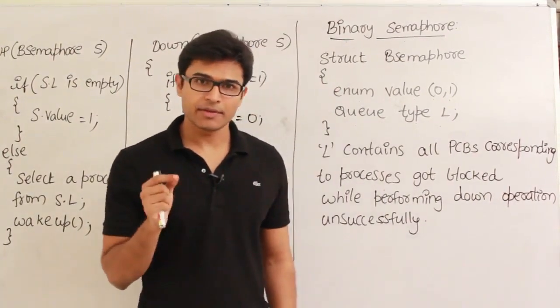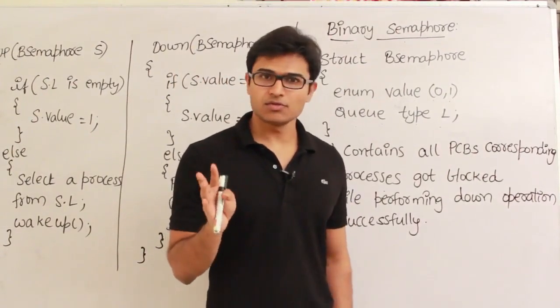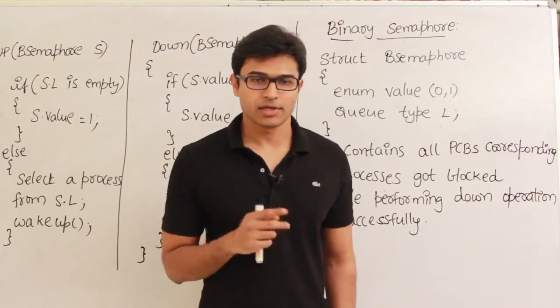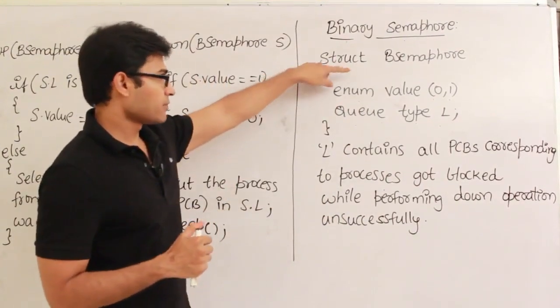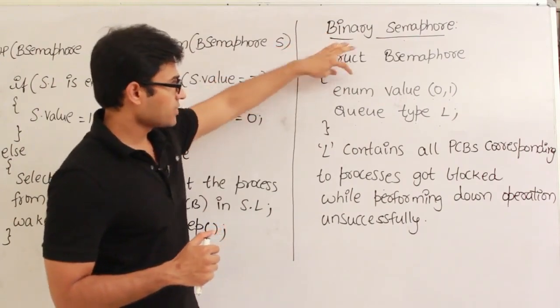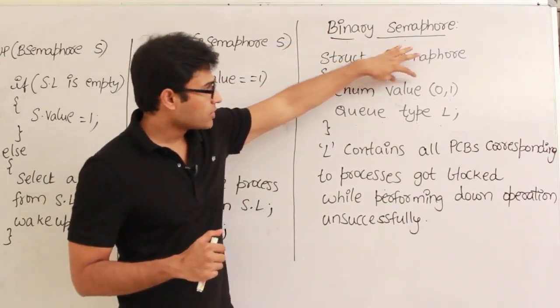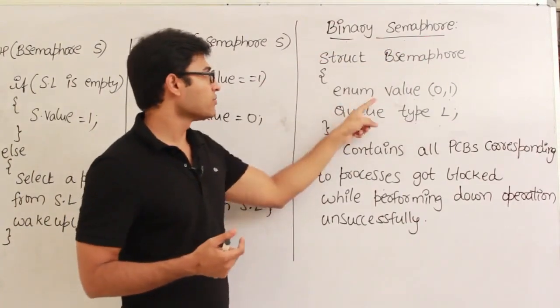But here using binary semaphore we will not be able to count, right? Which means it is just used for operation but then not for counting. So let's see this. Binary semaphore, struct binary semaphore, it is a structure which contains two values. One is a value whose type is enumerated to be 0, 1. This enum means enumeration.